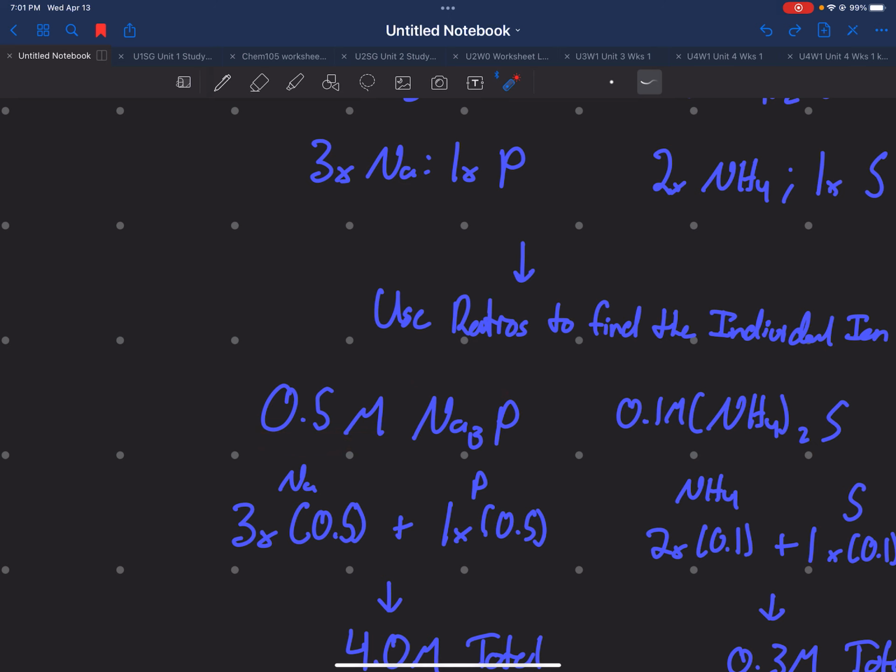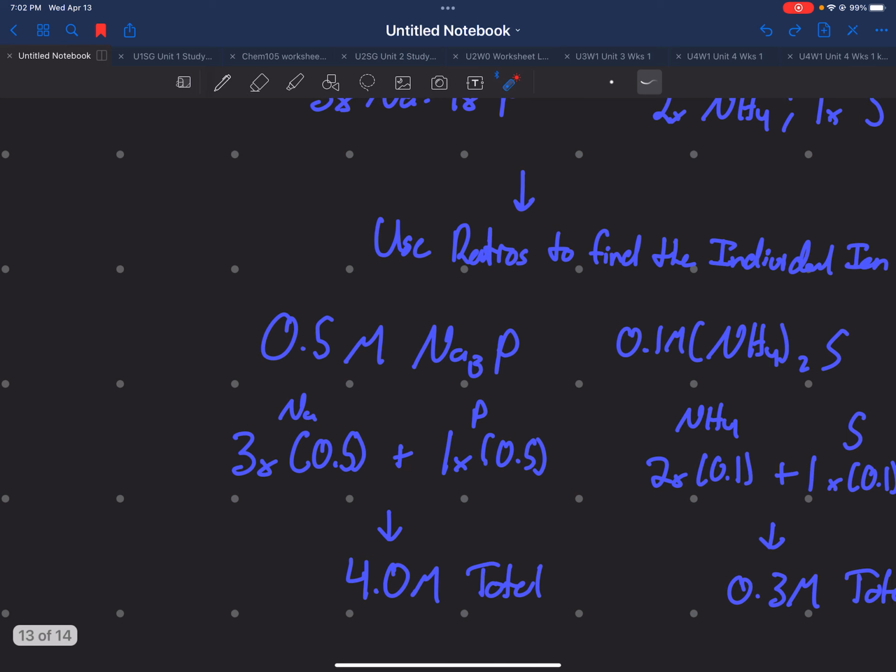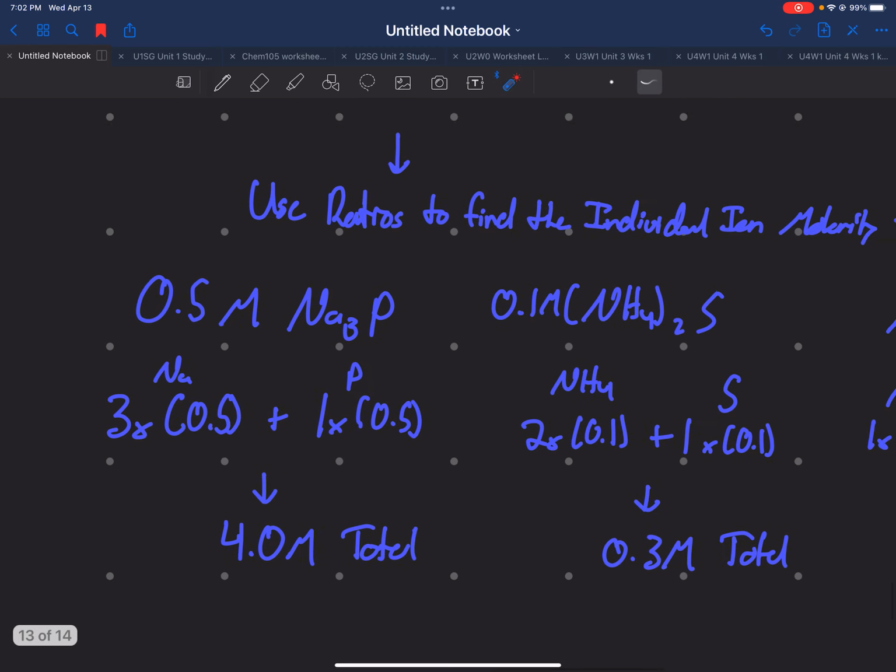For Na, we said there's 3 of them, so it would be 3 times the original concentration. And then for P, there's only 1, so 1 times 0.5. You add them all together and you get a total molarity of 4.0.